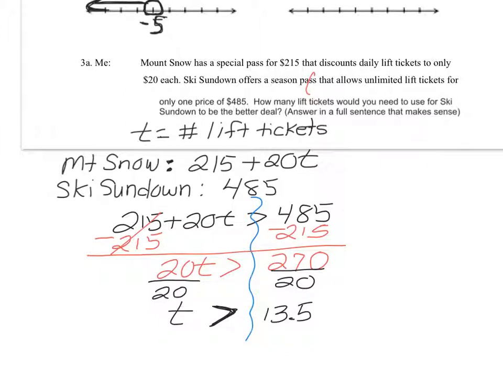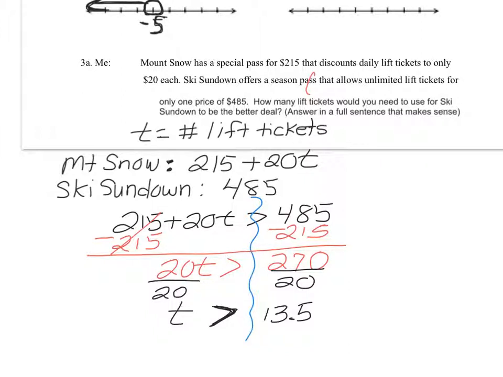Okay. Then it says answer in a full sentence that makes sense. Okay, that makes sense. Can you buy 13.5 lift tickets?